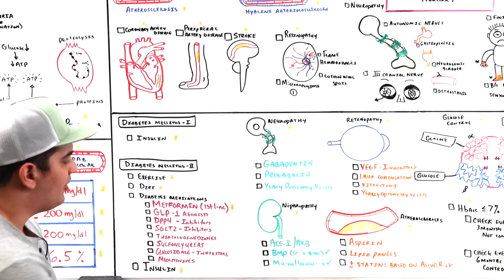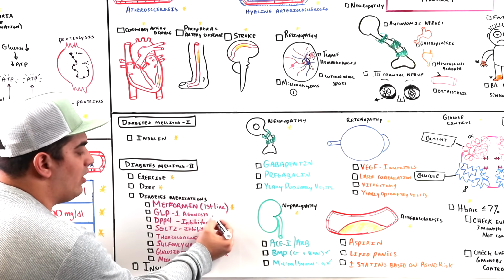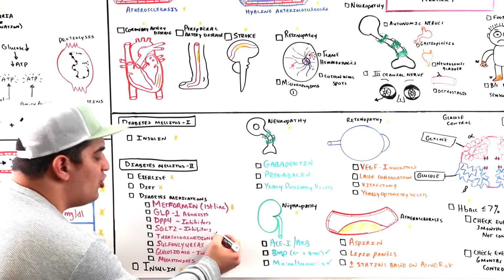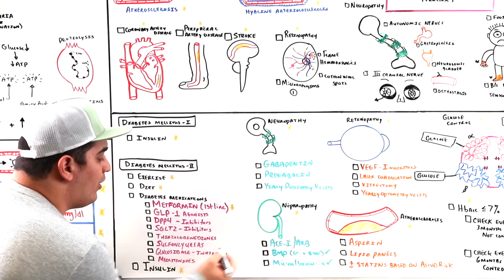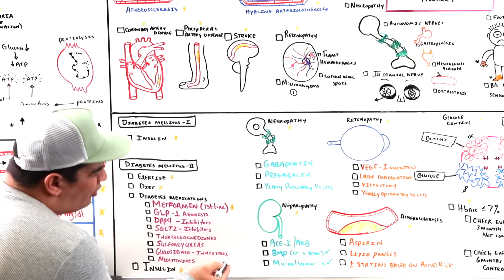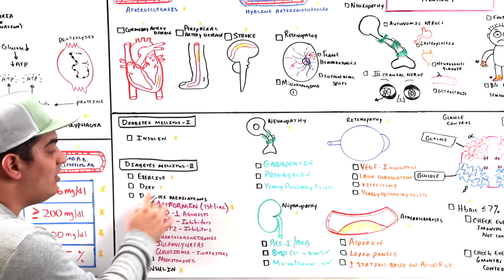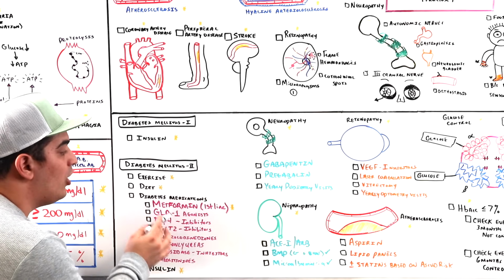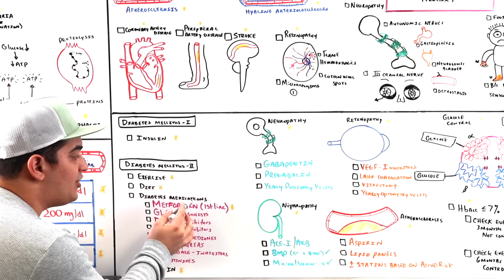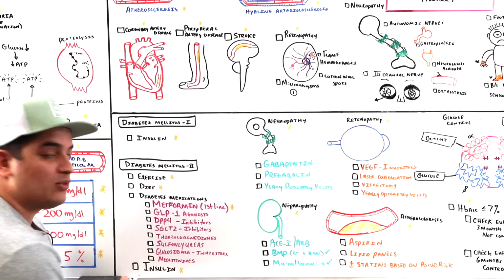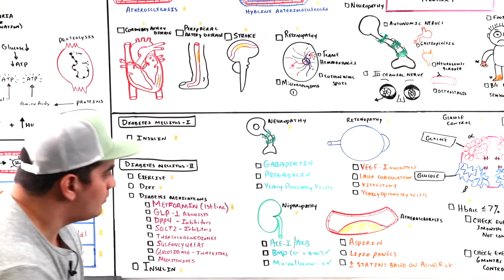There's multiple others that we'll go into more detail in another video, like GLP-1 agonists, DPP-4 inhibitors, SGLT2 inhibitors, thiazolidinediones, sulfonylureas, glucosidase inhibitors, and meglitinides. The last thing is sometimes individuals who are type 2 diabetic, who are on multiple diabetes medications and are still not getting their hemoglobin A1C less than 7, sometimes we might have to add insulin.